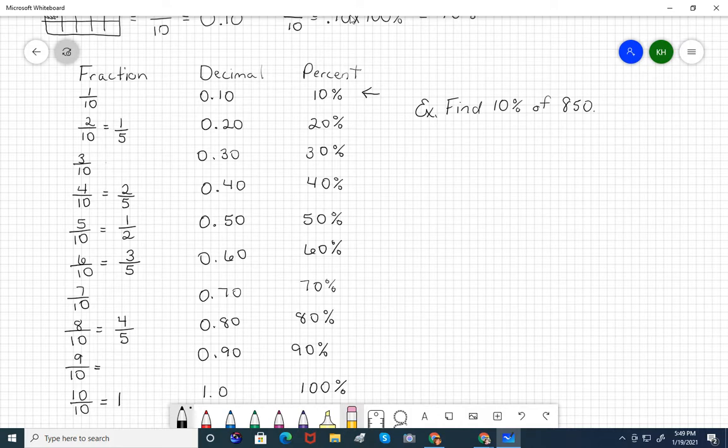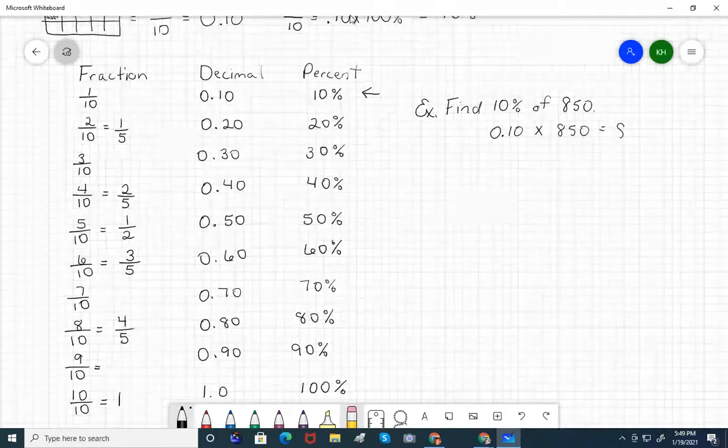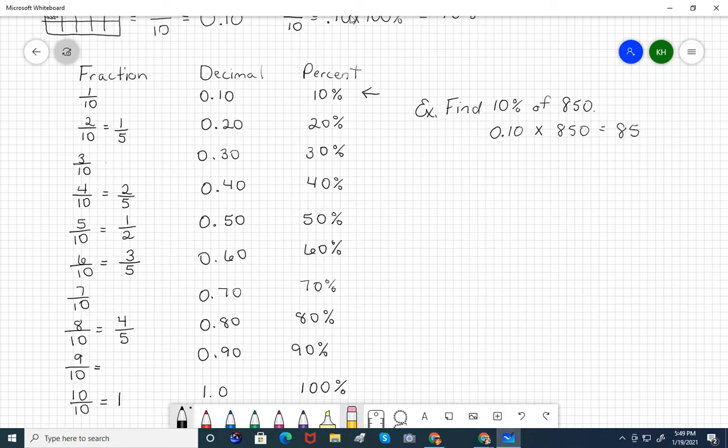So 10% of 850 is going to be 85. Another way you can do it is you write this as a decimal, 10%, 0.10 times 850. And that's 85. Now let's say find 30%. And you go, well, I already know what 10% is. 10% is 85.